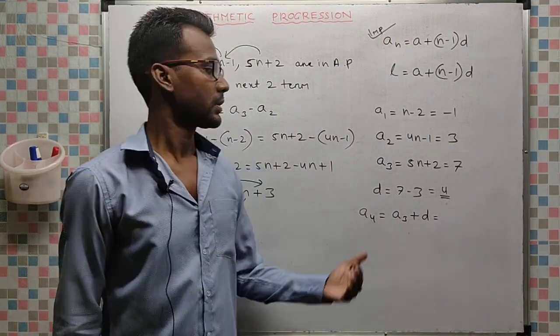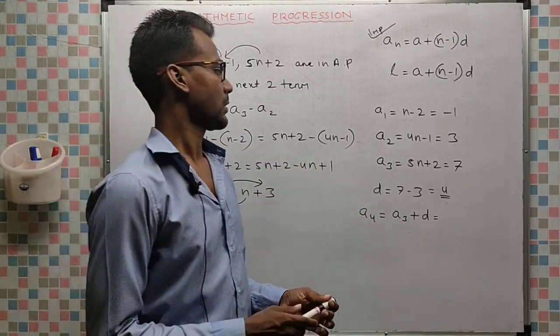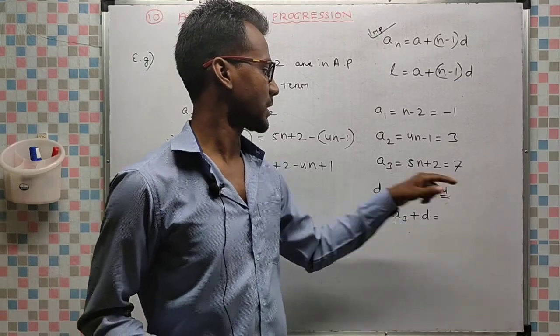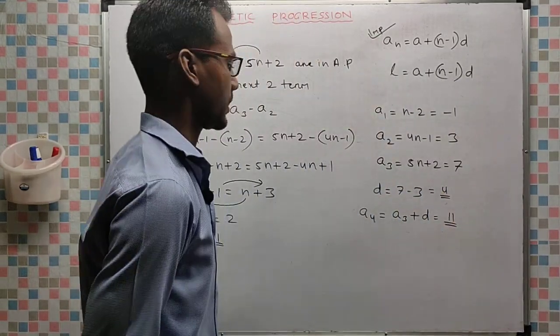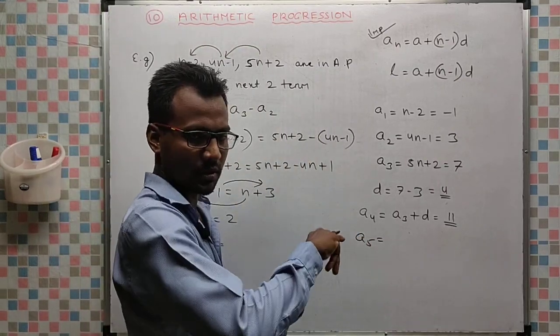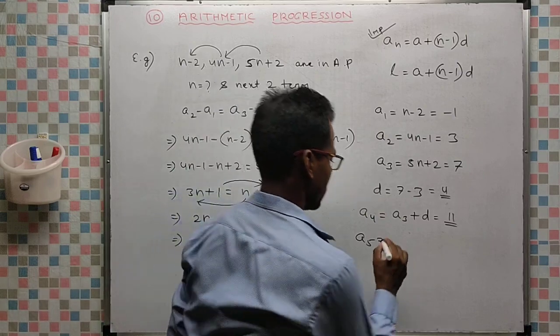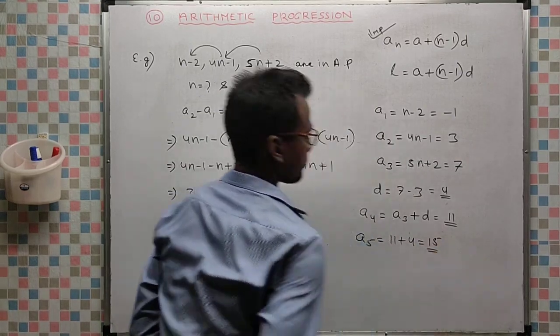A3 plus D. The previous term plus the common difference will give you the next term. So 7 plus 4 is 11. A4 is 11. What is A5? The previous term 11 plus D, so 11 plus 4, which is 15.